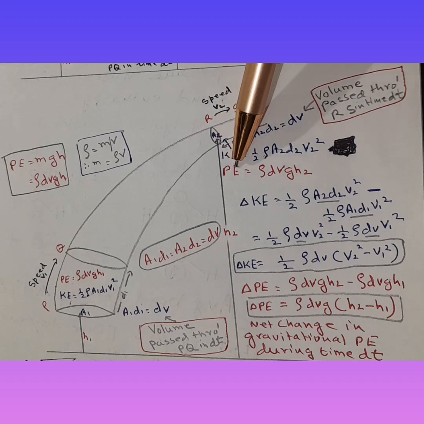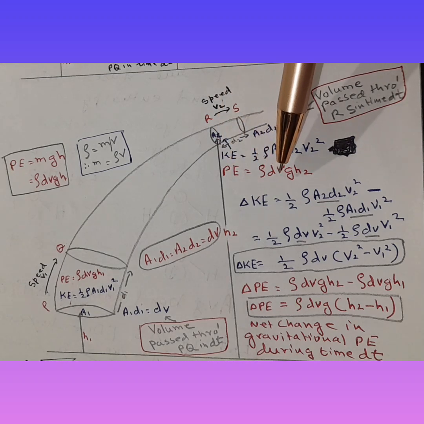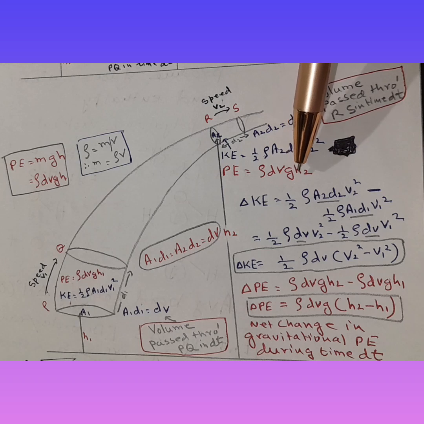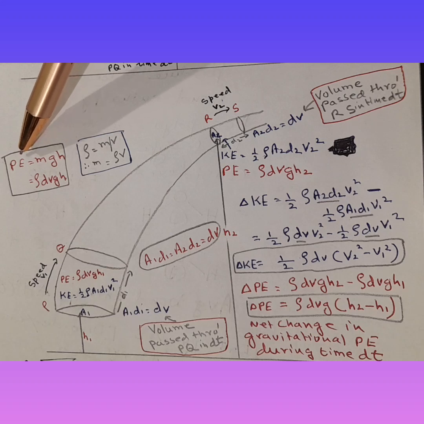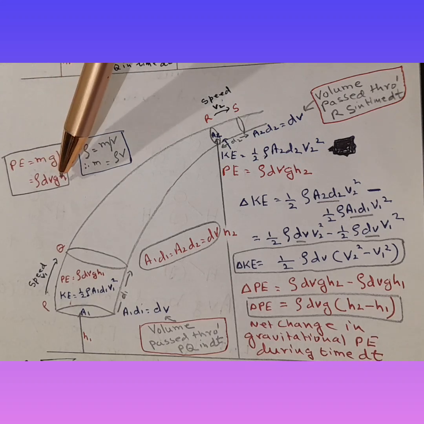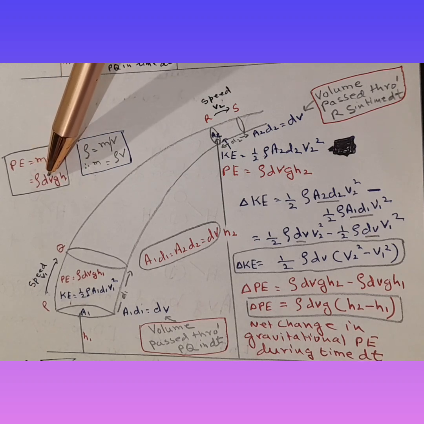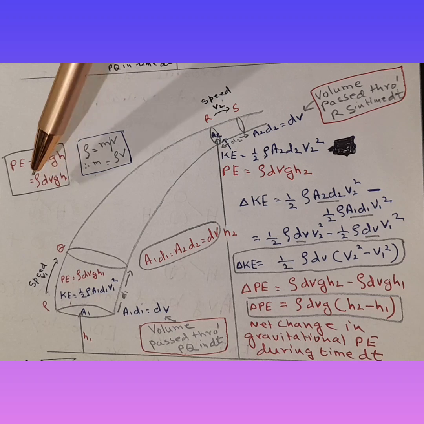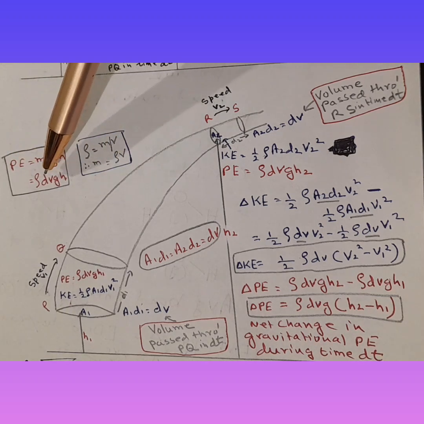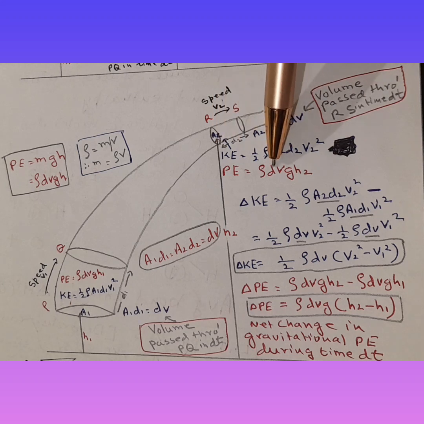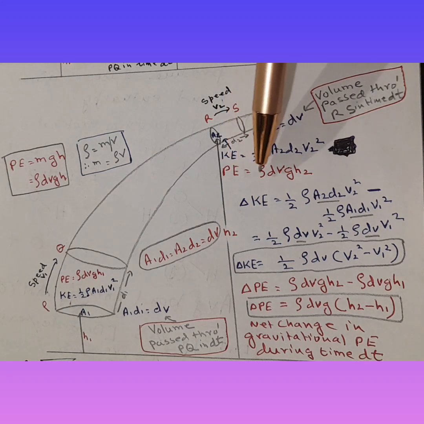And for potential energy, it is rho dV gh2. Now how do we get this? When we check out over here, potential energy formula, basic formula is mgh. gh is available here. Again, rho into dV, that is density into volume, dV, so that becomes your mass.